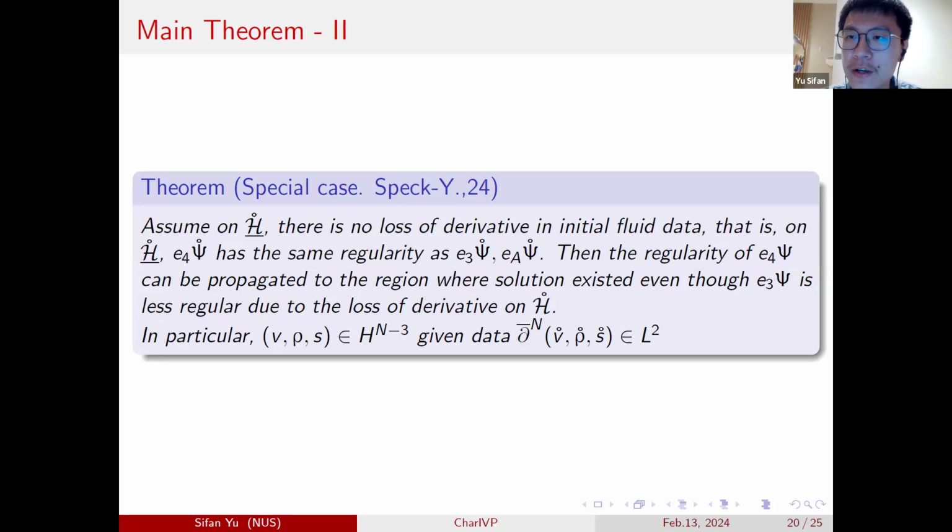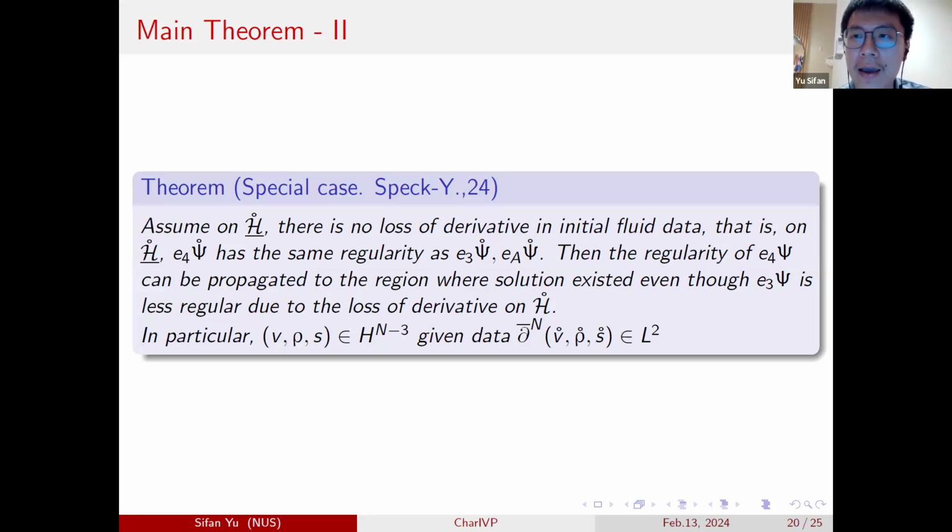I have my data and I assume that the L direction of the data is always better. The L direction of the data doesn't have loss of regularity on the incoming null hypersurfaces.